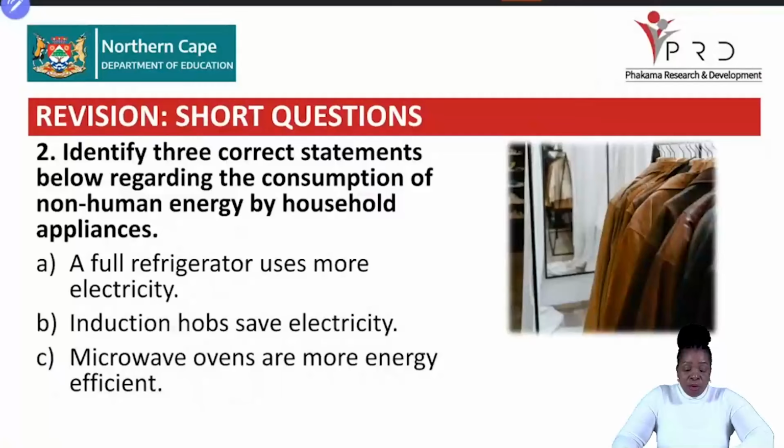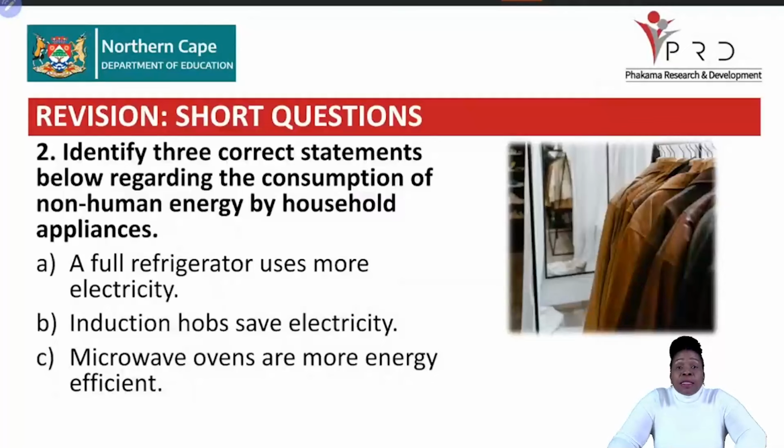And then we go on to short questions. Again, it says, identify 3 correct statements below regarding the consumption of non-human energy by household appliances.